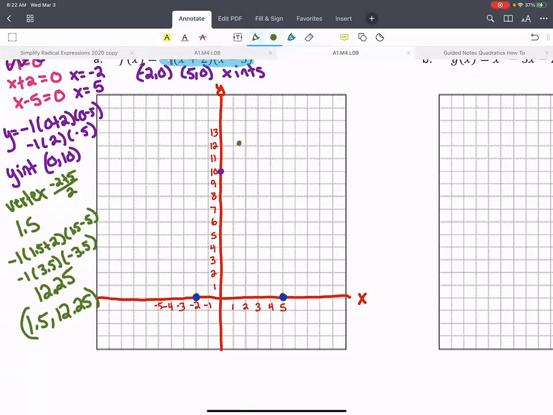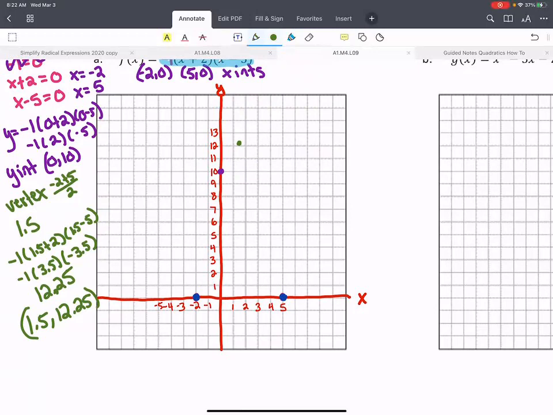Just above the 12. Now, I could probably graph it at this point and get pretty close, right? But it helps if I had one more point on that right side.